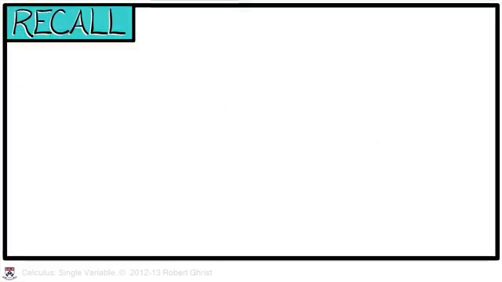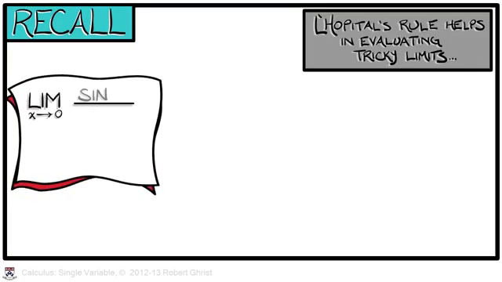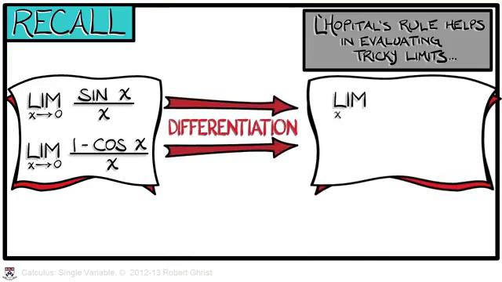Recall that when faced with a tricky limit, L'Hopital's rule is a good method. For example, if we look at the limit as x goes to 0 of sine of x over x, or the limit as x goes to 0 of 1 minus cosine of x over x, you probably remember that the way to deal with these is to differentiate the numerator and the denominator.